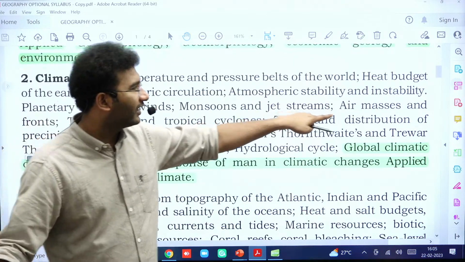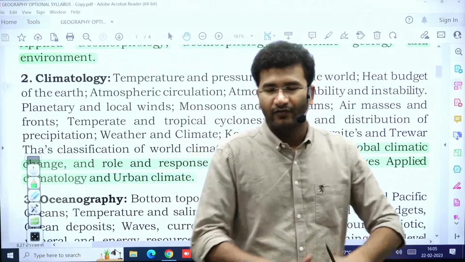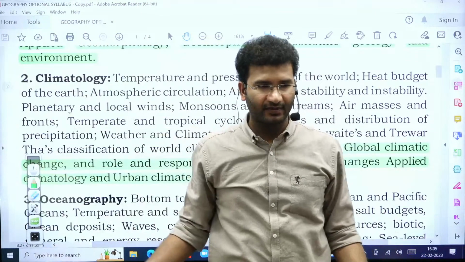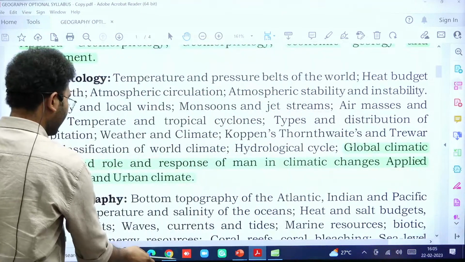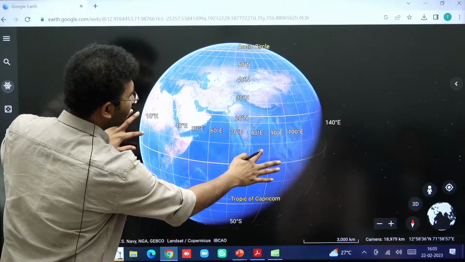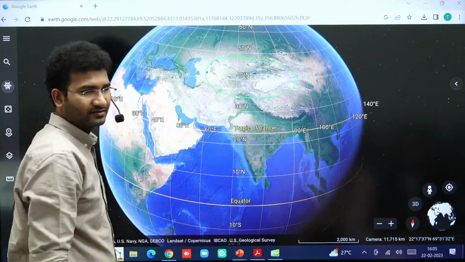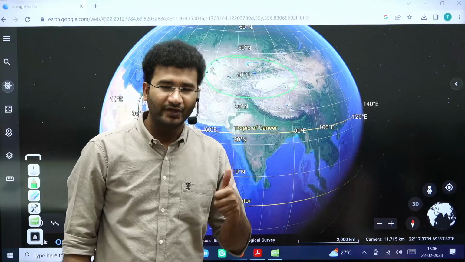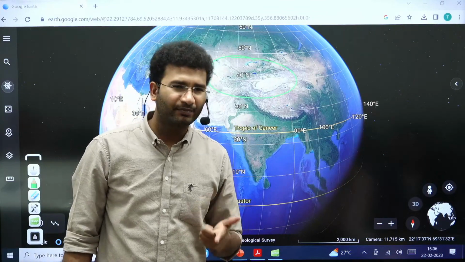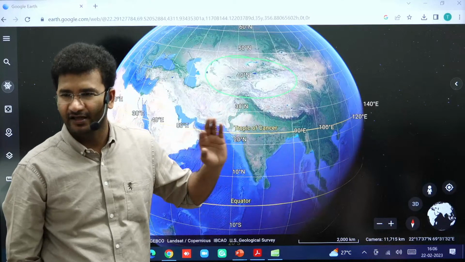And coming to air masses. Air masses means when you have a big area, imagine an area that big, and it has uniform temperature and uniform pressure, that is considered to be an air mass.